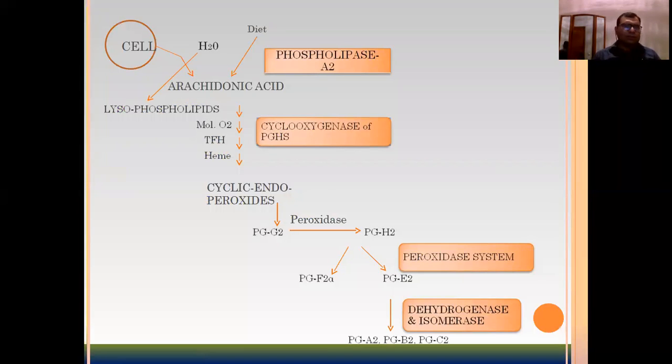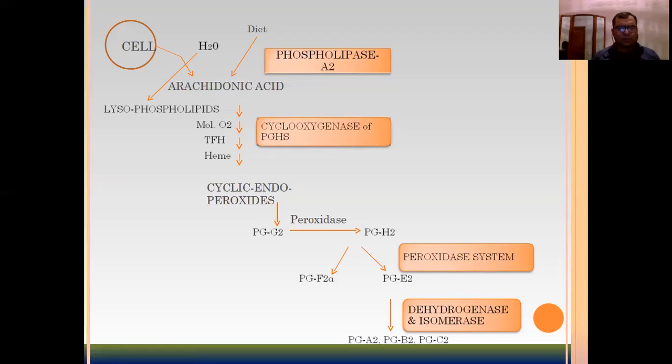So this is a schematic showing that cells, when faced with trauma or injury that we discussed, whether physical, radiation, or biological, face phospholipase A2 and form arachidonic acid and lysophospholipid, and so on.